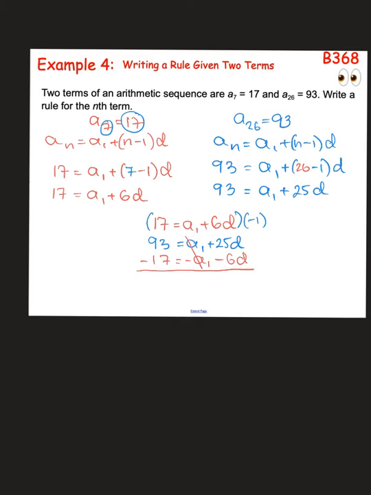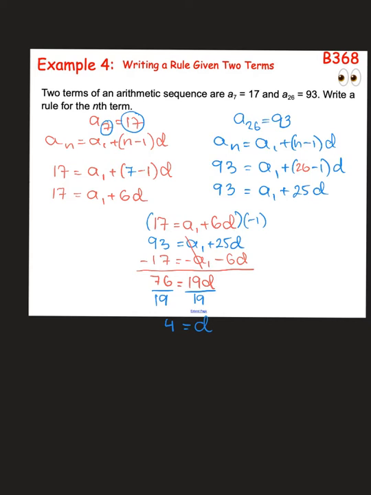So 93 minus 17 is going to give us 76, and that will equal 25d minus 6d, which is 19d. Now I will divide both sides by 19. And finally, the common difference is equal to 4.